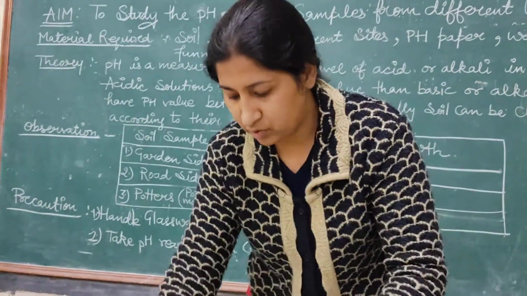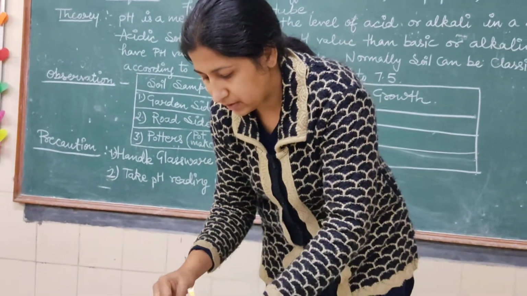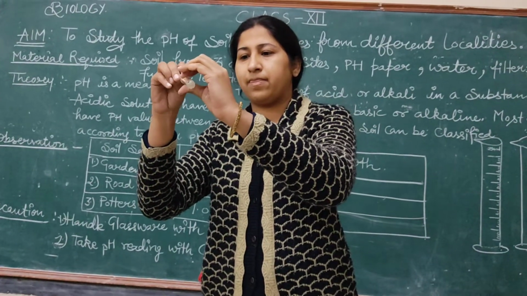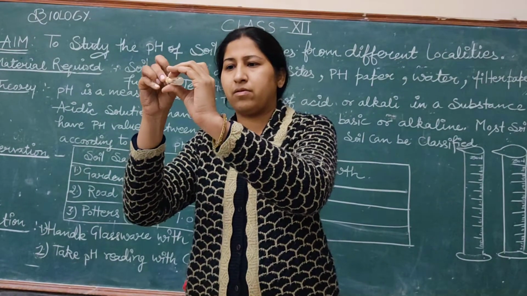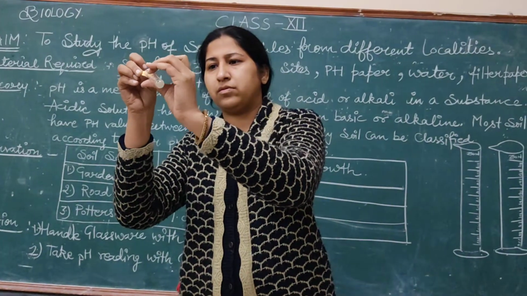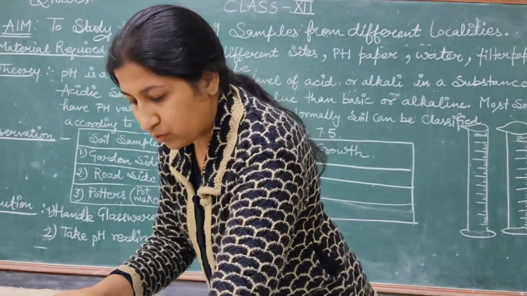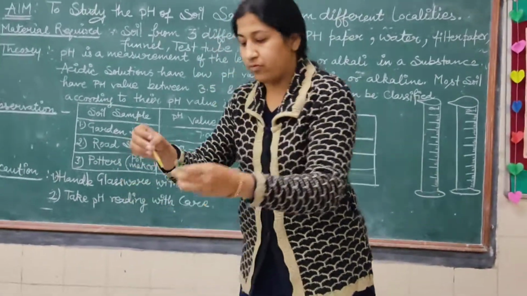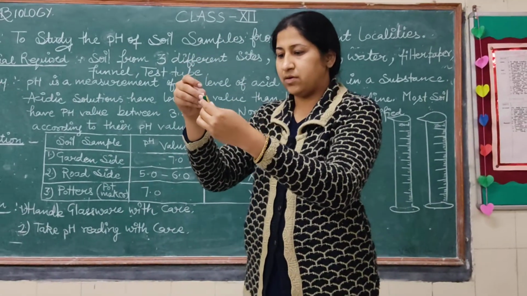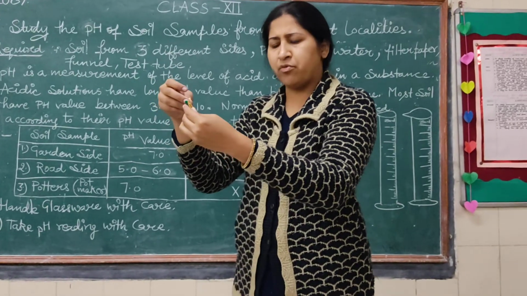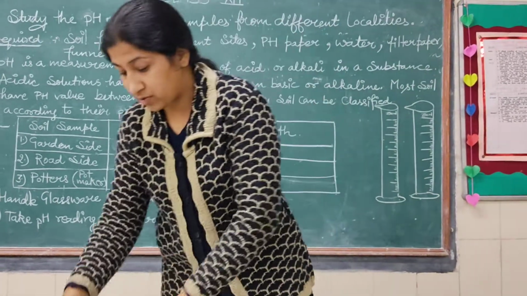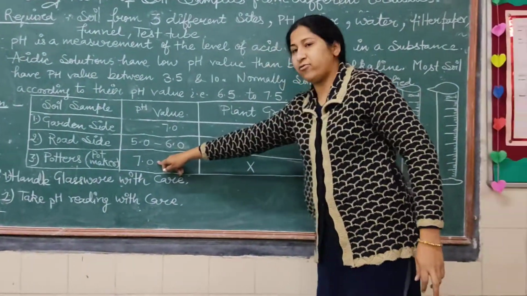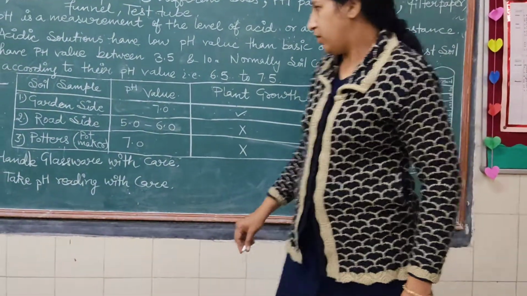Look, we are going to match this, and this is neutral, this is 7, because this is the potter side soil, and here we have to write 7 in the field.